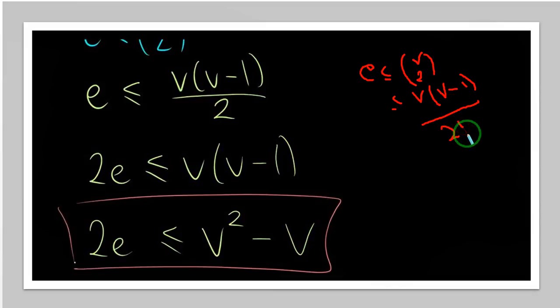This is the formula, and 2 factorial is 2 multiplied by 1, which is 2. So we can say e is less than or equal to v into v minus 1 divided by 2 factorial. 2 factorial is equal to 2, so this 2 moves to the other side, and 2e is less than or equal to v into v minus 1. That is your proof.